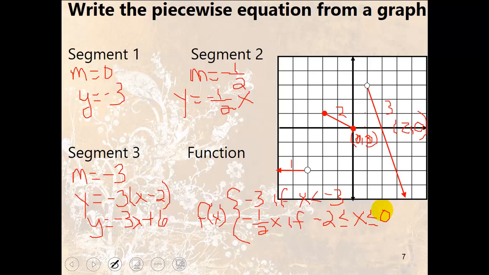And then it's going to go -3x plus 6 if x is greater than 1. So notice we kind of have a gap between 0, x is 0, and x is 1. So we would have to exclude that from the domain. And I'll go through the domain with you guys tomorrow in class, okay?